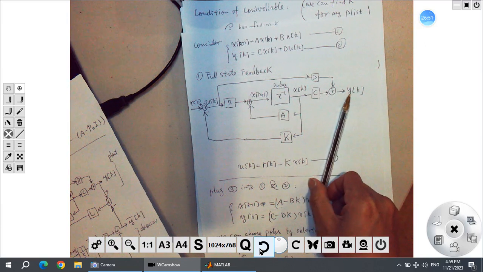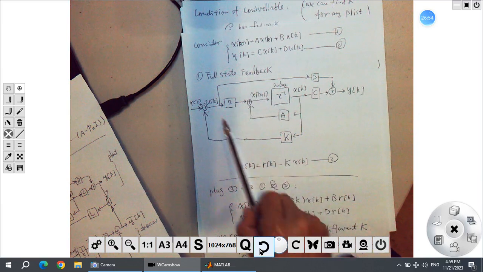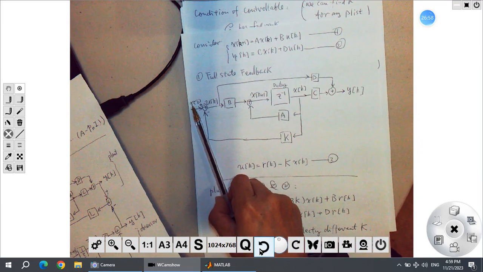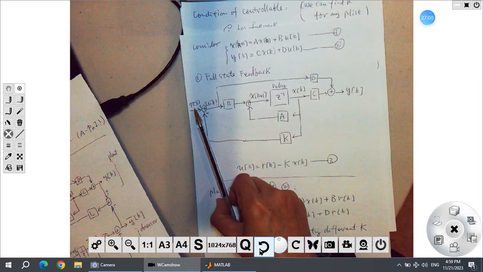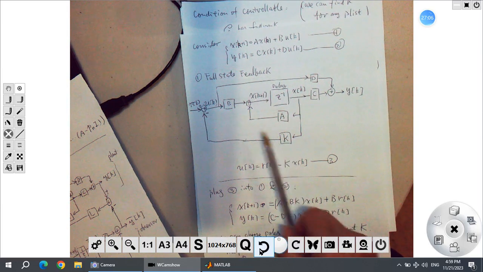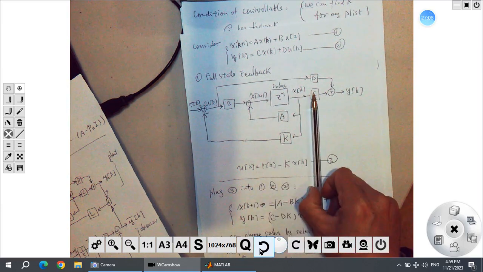So in that kind of problem, you are not finding something here. You want to find a suitable R. Of course, you also determine K. Suppose the plant is not stable.